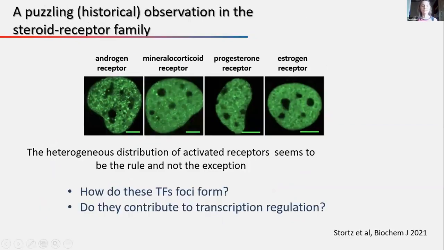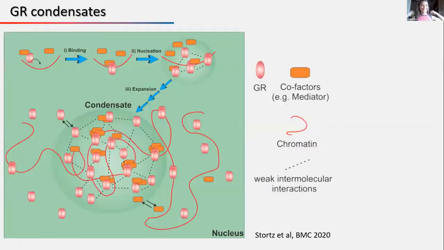You can see here, for example, that all the members of the steroid receptor family form this kind of foci. I don't have time, so I'm just going to show some headlines. By doing certain experiments of scanning FCS and these cross-correlation experiments, we could determine that these foci are formed by an initial interaction of the receptor with the DNA.